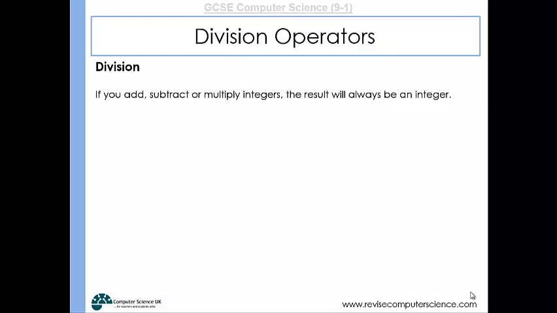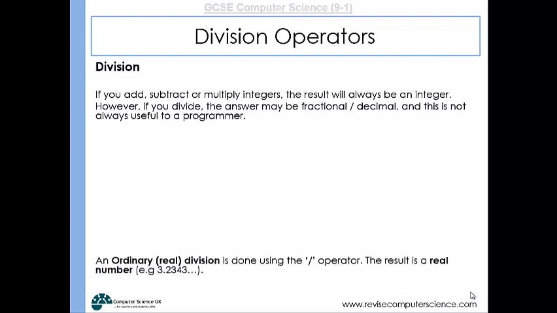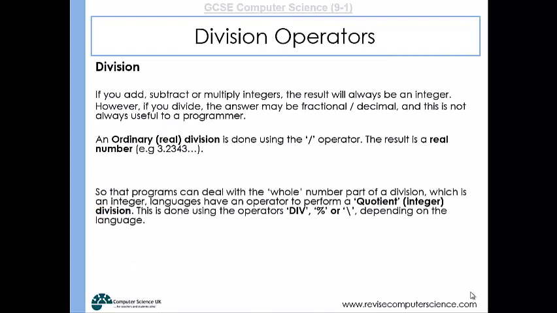So when it comes to division, if you divide, you might get a fractional answer, and that's not always useful for a programmer. So if you have a normal division done using the /, the result is a real number, a decimal.